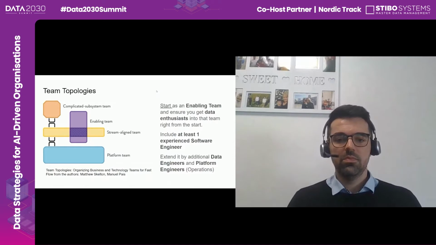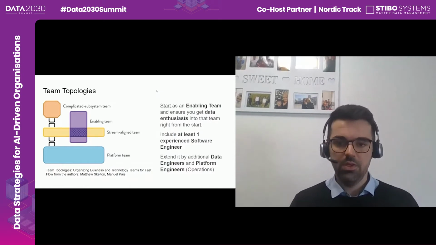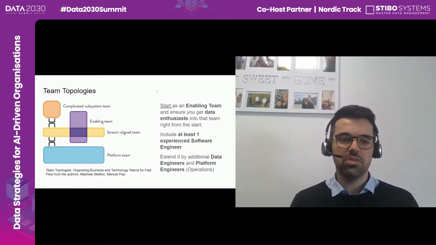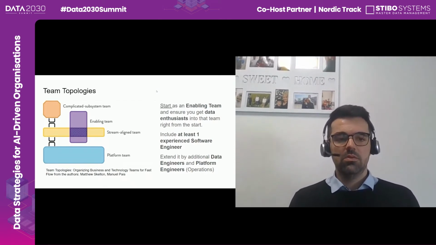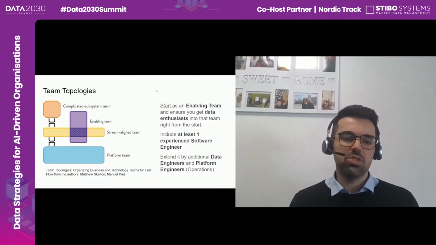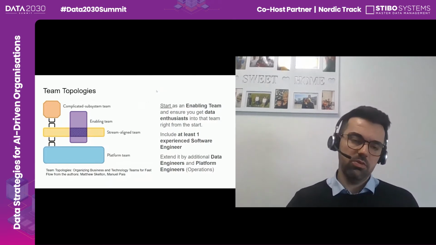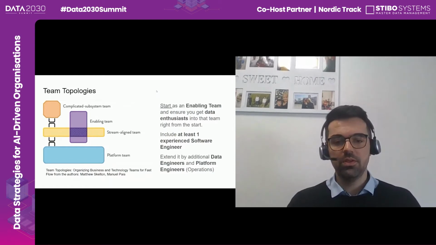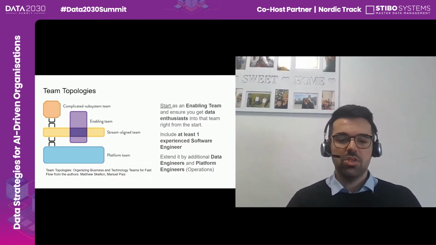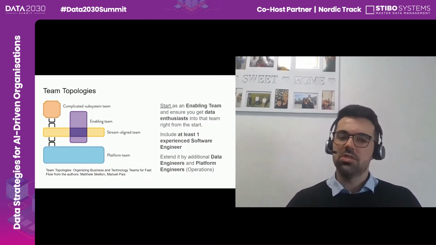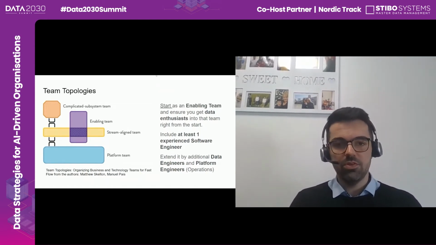So you have to ensure to get the data enthusiasts in your company into that team right from the start. And it would also be good to include at least one experienced software engineer. I will tell you later why that's really important. And then extend it by additional data engineers, platform engineers, etc., as per your needs. Of course, every company is different. Every team structure, every IT department is different.